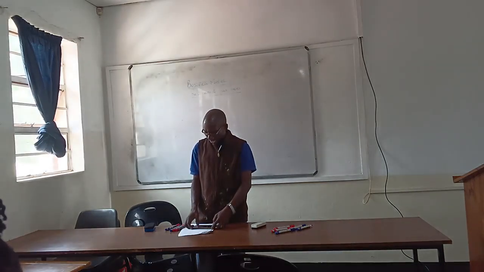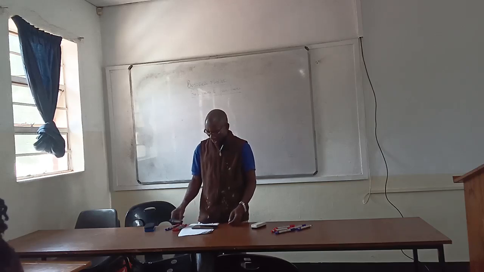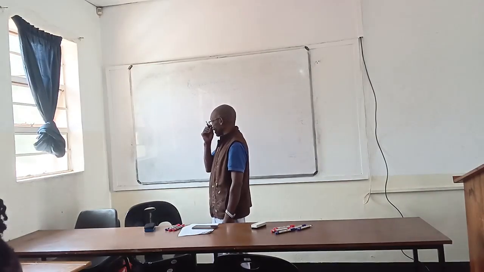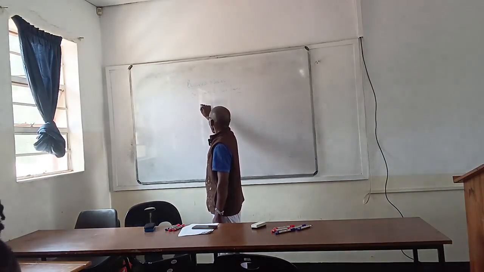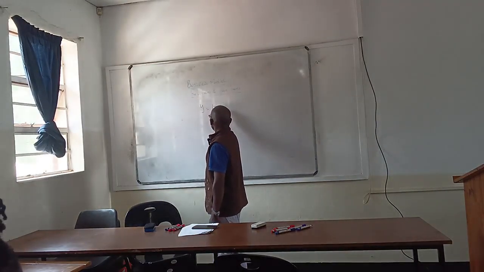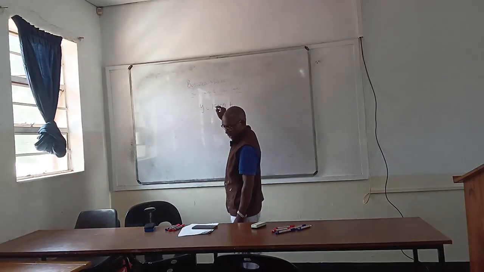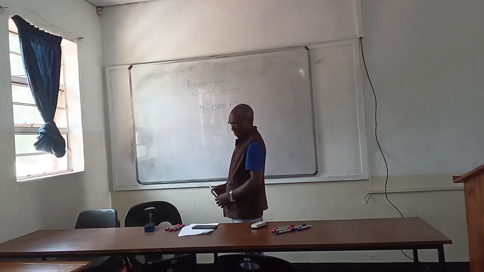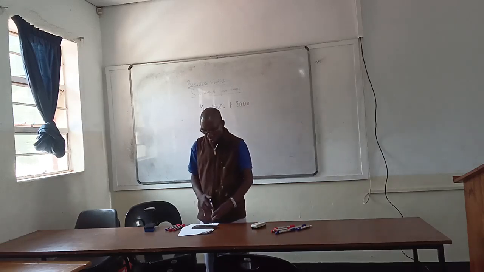So in mathematics, using that scenario, y is equal to 15,000 kwacha plus 200x. Right? That is what is called an equation.